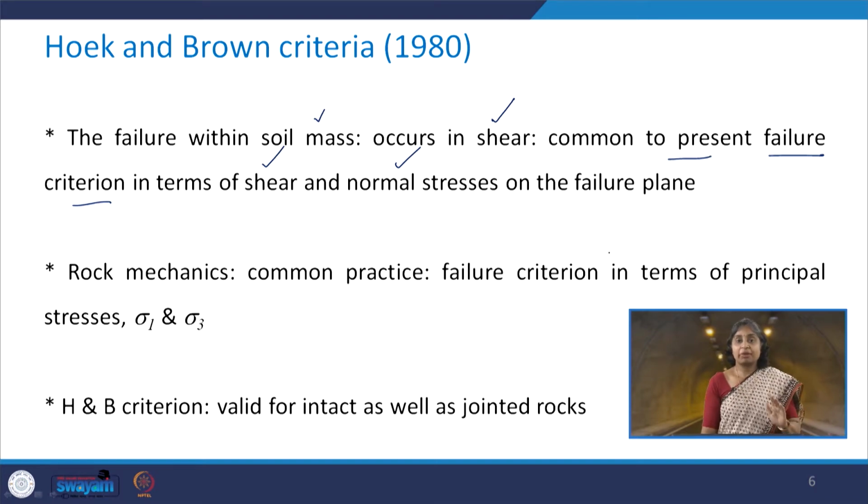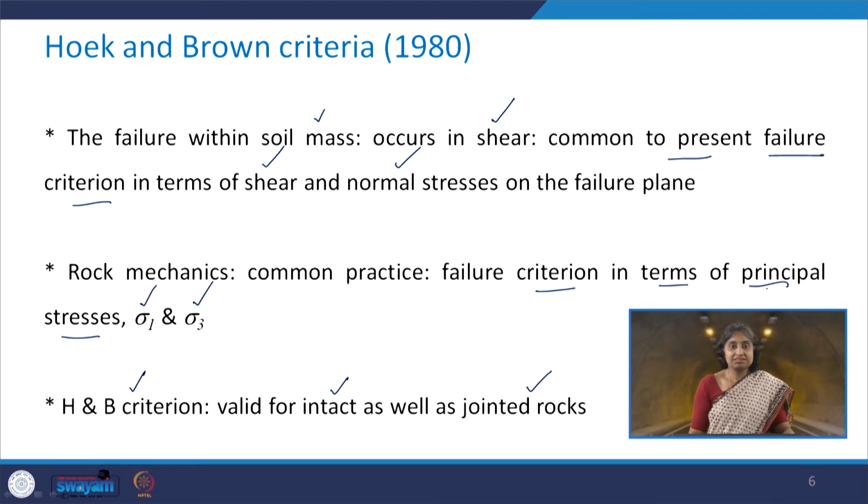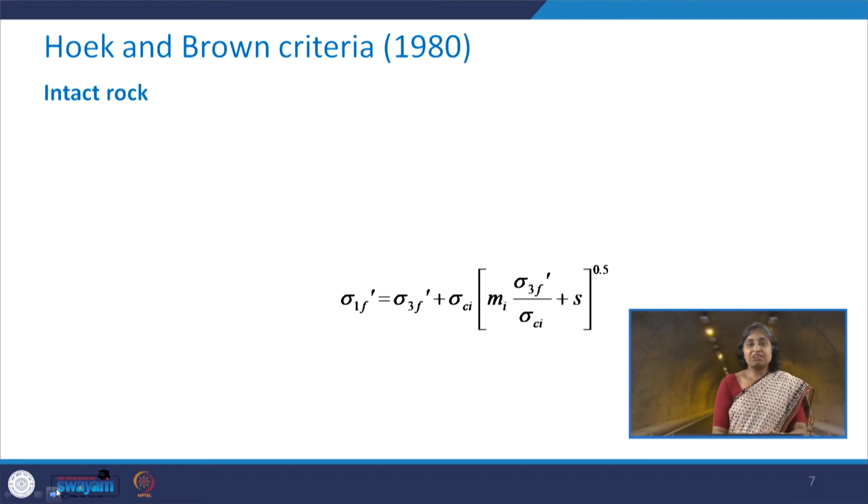In case of rock mechanics, it is common practice to represent the failure criterion in terms of principal stresses, which are denoted as sigma 1 and sigma 3. As I mentioned, Hoek and Brown criterion is valid for intact rocks as well as for jointed rocks, and maybe that is one of the reasons that it is the most commonly adopted criterion in the area of rock mechanics and rock engineering. So, first we will discuss the intact rock.